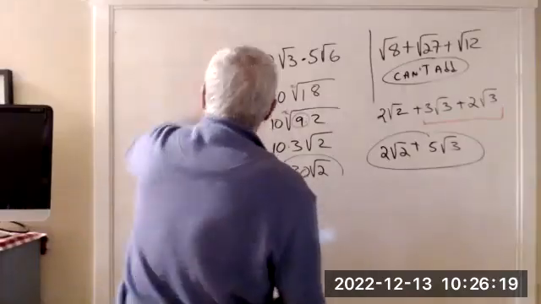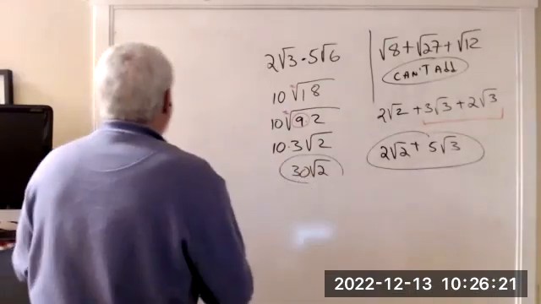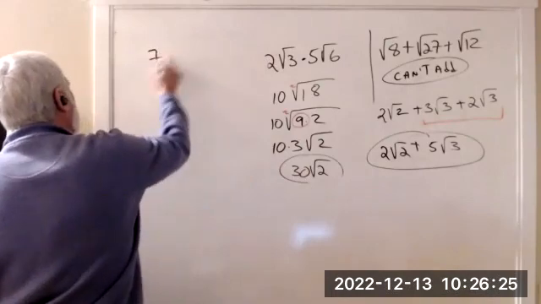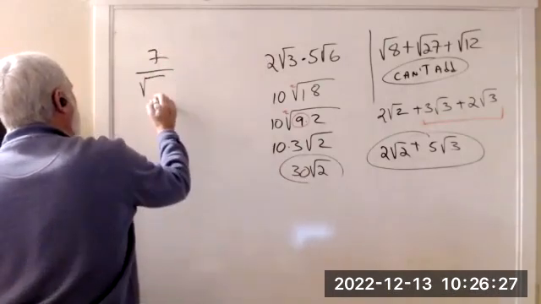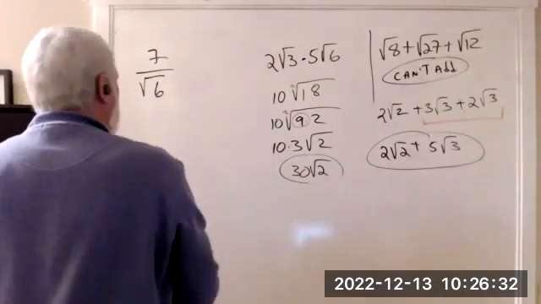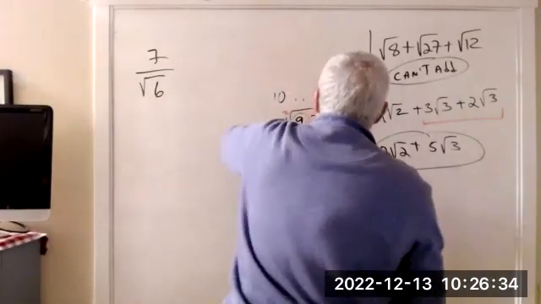All right. Back to Jorge. Here, the other one. Let's say we had 7 over the square root of 6. Do you remember how to simplify that? Let's see.